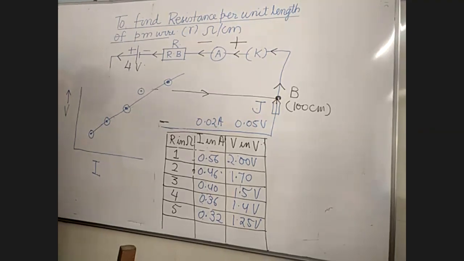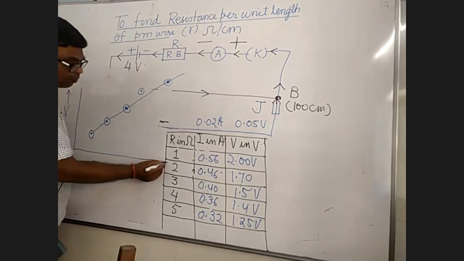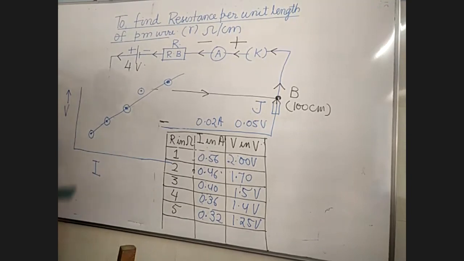Now after this, you will find out the slope. How will you find out the slope? The slope is found by using two unknown points, meaning points other than the plotted points.